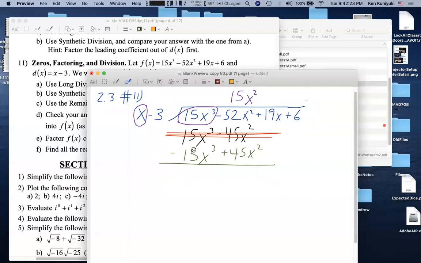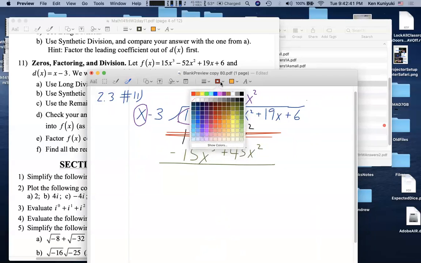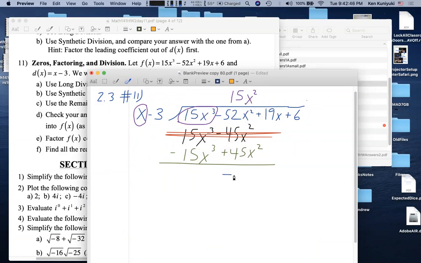All right. So 15x cubed and negative 15x cubed add up to 0. That was the whole point, right? We wanted to cancel out these terms. Over here, negative 52x squared and a positive 45x squared, you end up with negative 7x squared.